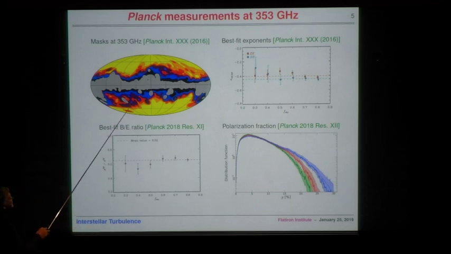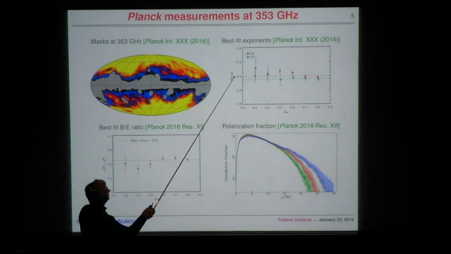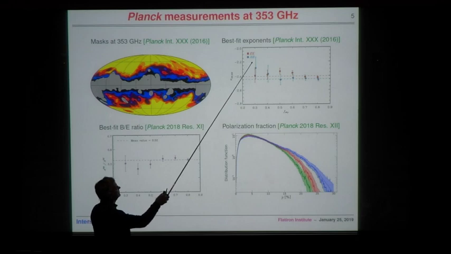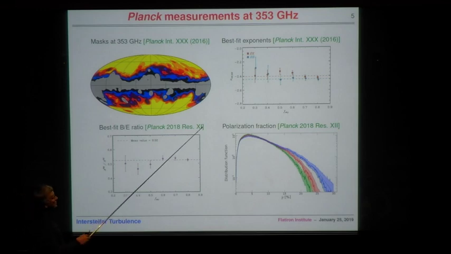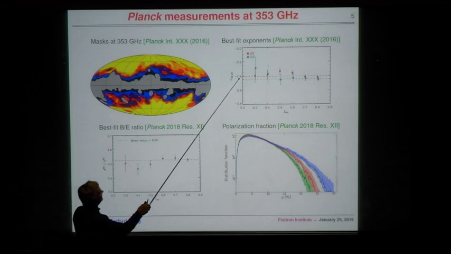And so these are different, so this would be the slopes of the power spectra for E and B modes. I will not introduce them because Axel did this nicely for me. And so the slopes are around minus 2.4.